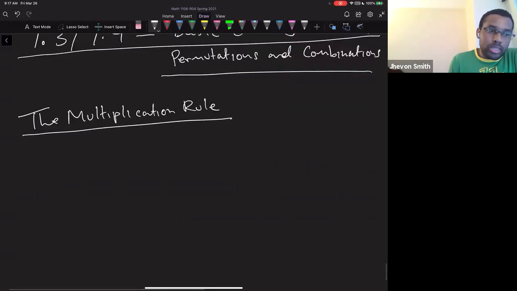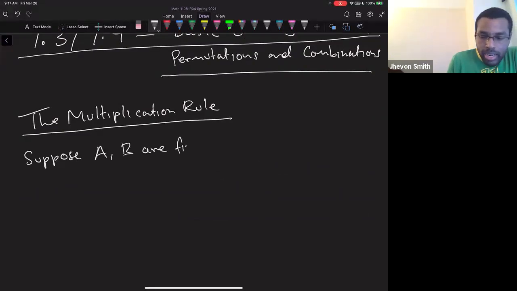Here is what it says. Suppose A, B are finite sets.